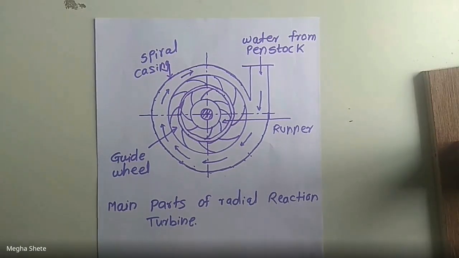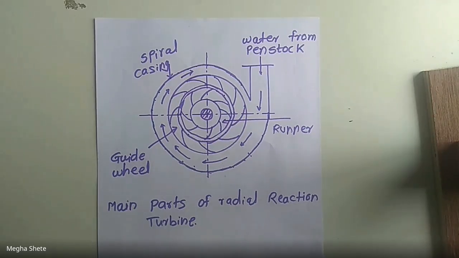Okay. Now the fourth part of the radial reaction turbine is the draft tube. It is not shown in the figure, but I will explain the concept. The pressure at the exit of the runner of the radial turbine is generally less than the atmospheric pressure. The water at the exit cannot directly discharge to the tail race.